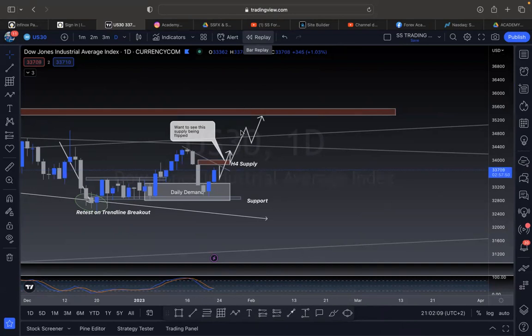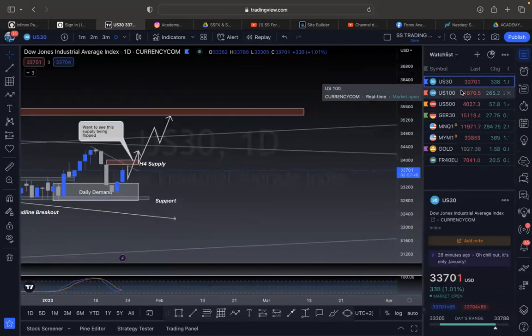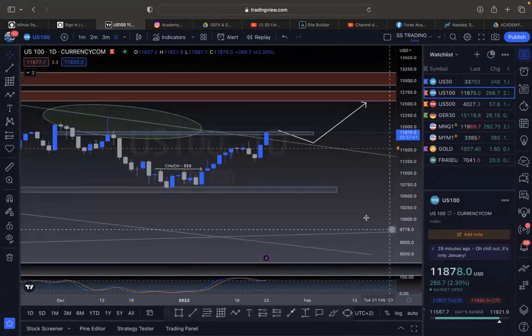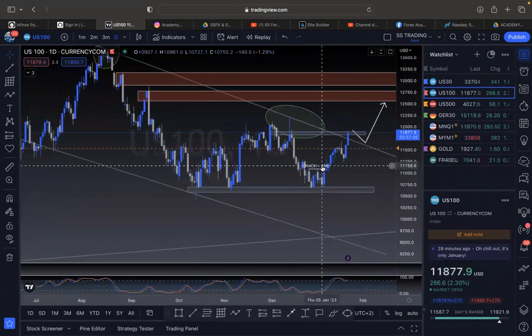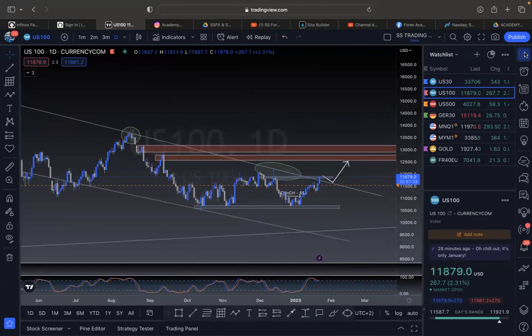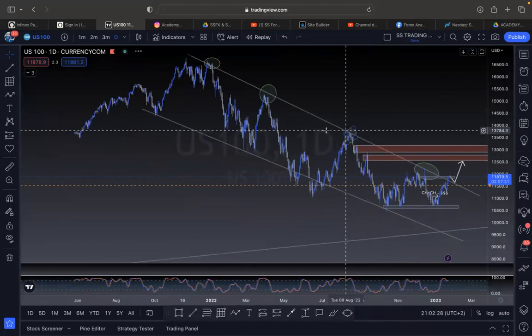Can you go back to the NAS? Yeah. I want to see how you did the daily into the 4 hour, because I drew the trend line and I don't know how yours is meeting up on the 1 hour.